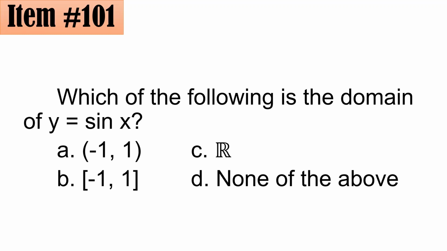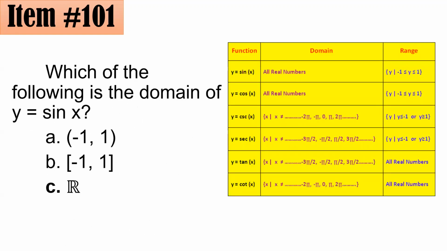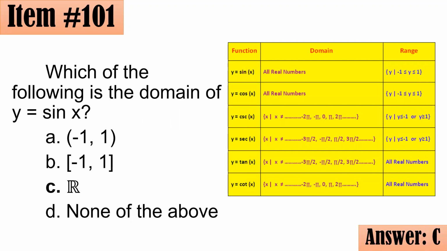Take note ha, domain po yung hinahanap, hindi po range. When we say domain, in this case, it's the set of all permissible values of x. Okay, sabi ni Ma'am Fel, B daw is the range. And if you answered letter C, you are actually correct.